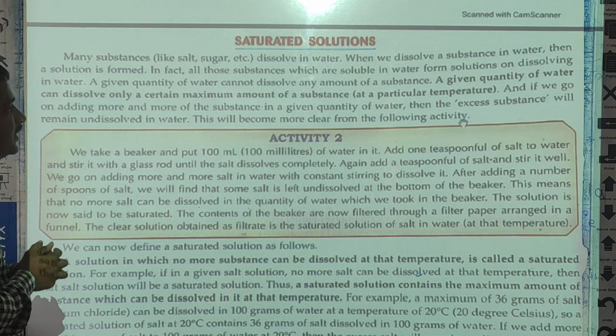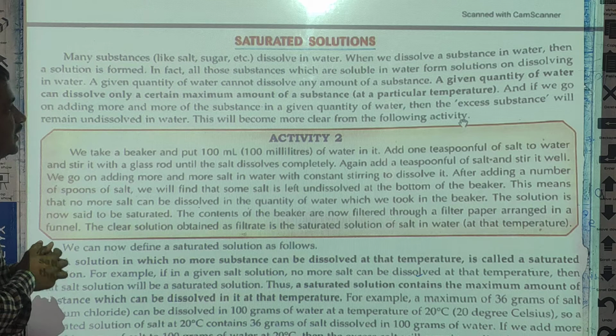So why does this sugar remain as it is? Because that water's capacity is over, meaning that water cannot dissolve more sugar in it. So that stage is called a saturated solution. That solution can be considered a saturated solution.